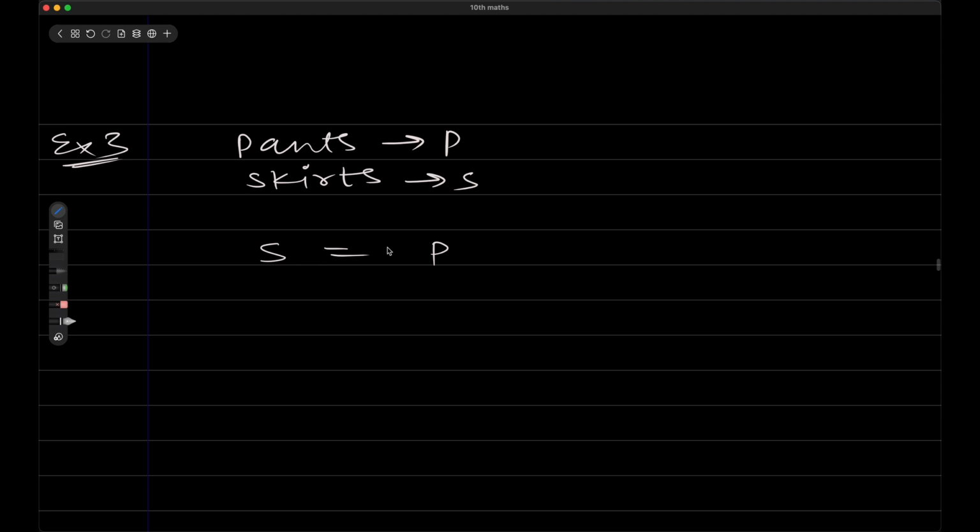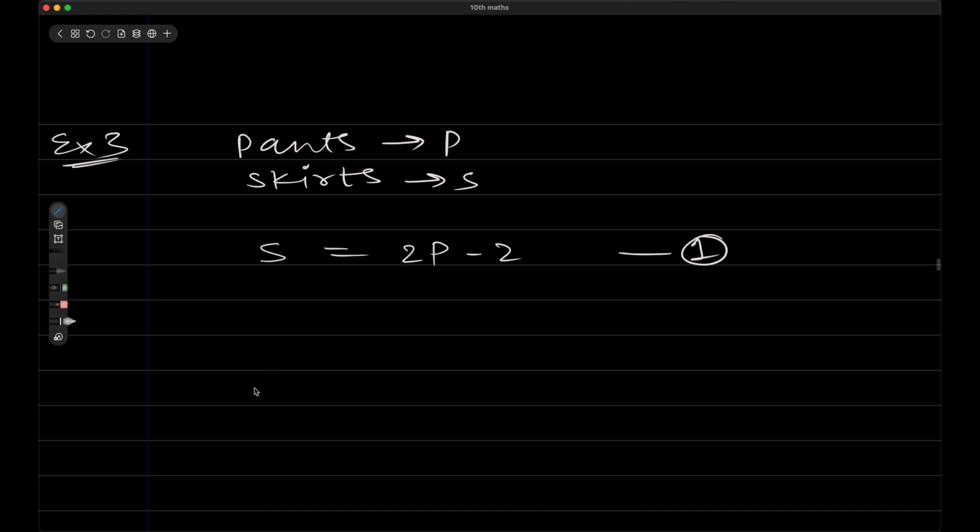Skirts are less, so we have to reduce on the side of P, and twice the number of pants, so we have to multiply on the side of P. We have got the first equation.